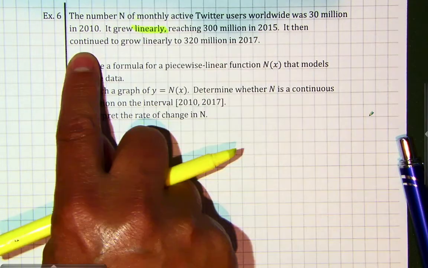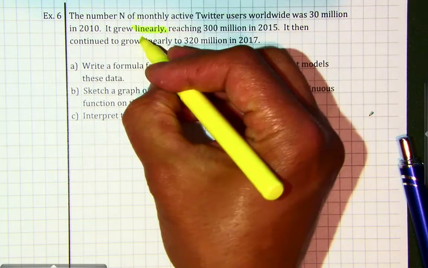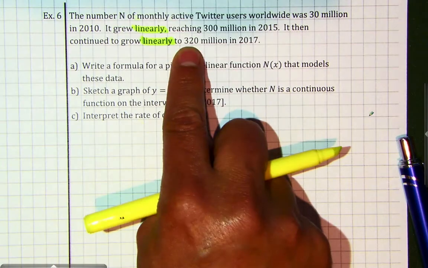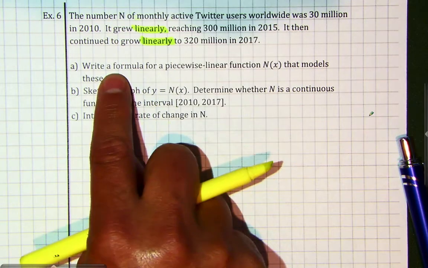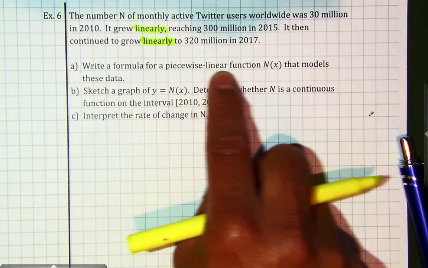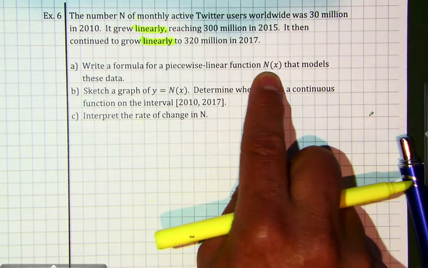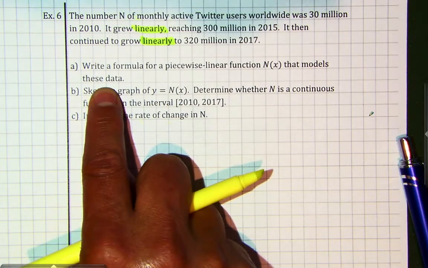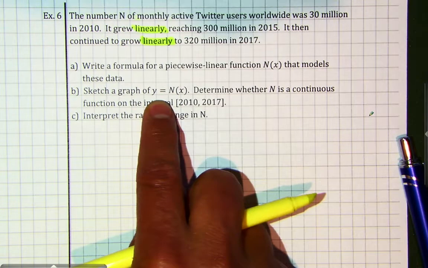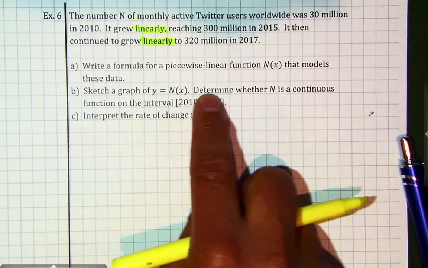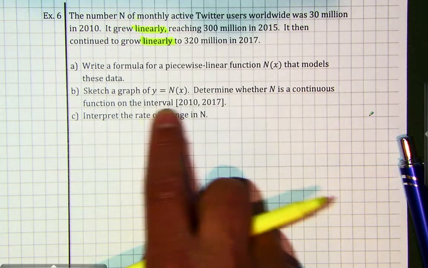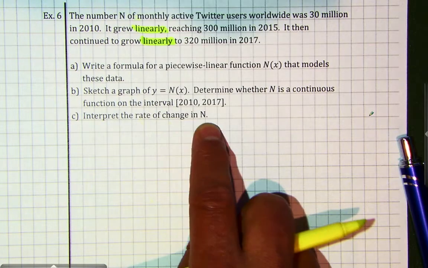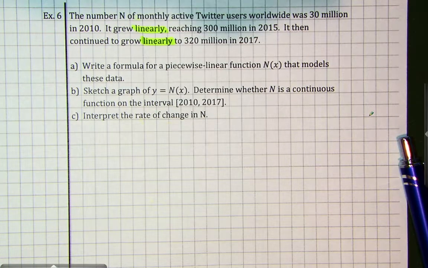It continued to grow linearly again, so it's going to be another line, to 320 million in 2017. Write a formula for the piecewise linear function n of x that models this data. Sketch a graph. We need to determine whether n is a continuous function on the interval, and then interpret the rate of change in n. So a lot to work through.